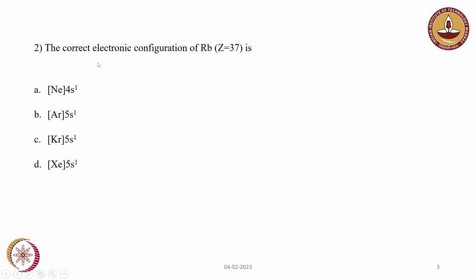So for writing the electronic configuration of any element, we can write it with one nearby inert gas and the rest of the electrons. So we need to know the periodic table so that we'll be able to recognize which inert gas is closer to rubidium, which has atomic number 37.